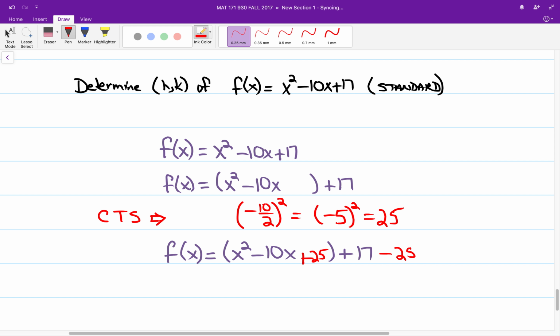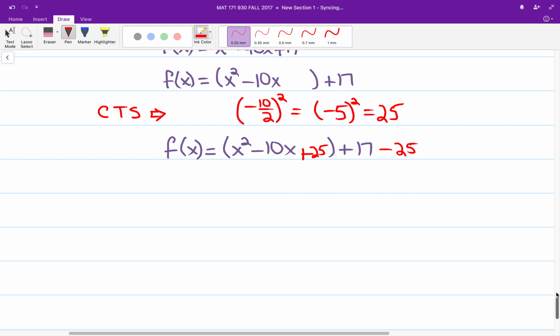So I'm going to deduct the same amount at the end. In making the adjustment, we have f of x is equal to x squared minus 10x plus 25, and 17 minus 25 is negative 8.